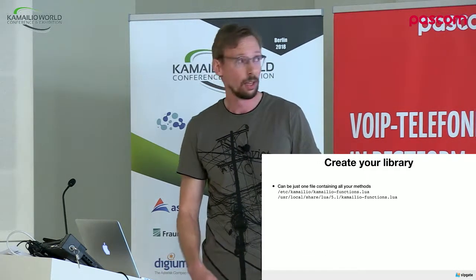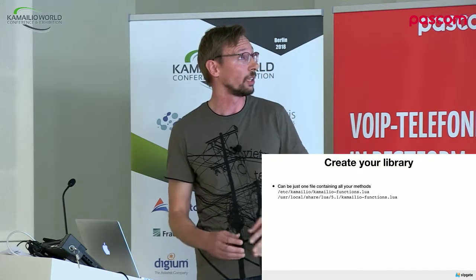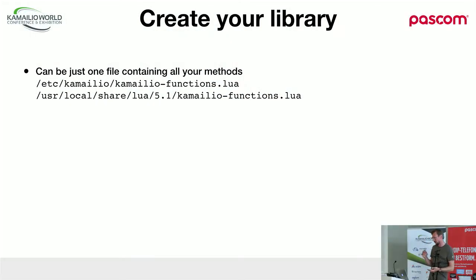And so let's start by creating the library. There are two ways. You can either put the library in one file, and then you can place it into a well-known destination where the Lua interpreter will look for, or you can place it into the same directory where your main script lives.